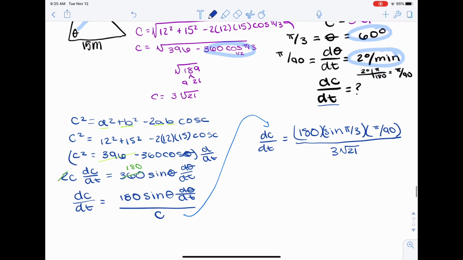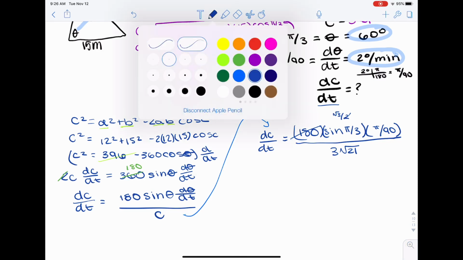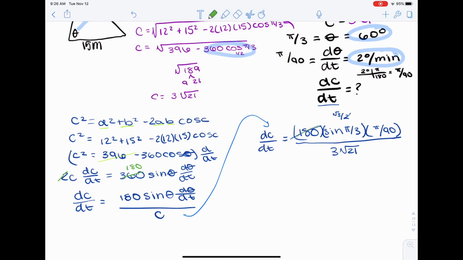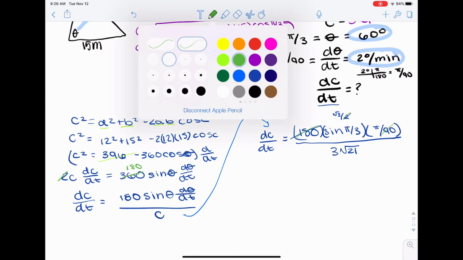So now we know sine of pi over 3 is equal to square root of 3 over 2. So we can just get rid of this 180, get rid of this 2. We can get rid of 180, 2, and 90 all together because 180 divided by 2 and 90 is 1.